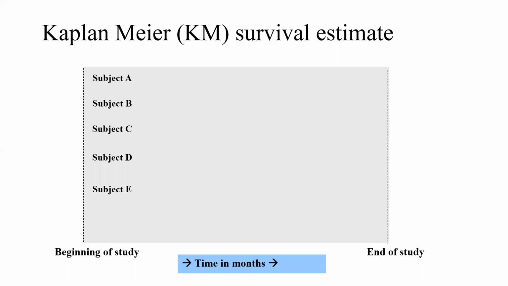Okay, so we will see how, in real life, we are going to develop a Kaplan-Meier survival estimate using 5 subjects. We have subjects A, B, C, D, and E, and we included all the subjects at a specific time point for the sake of interpreting this Kaplan-Meier survival curve.